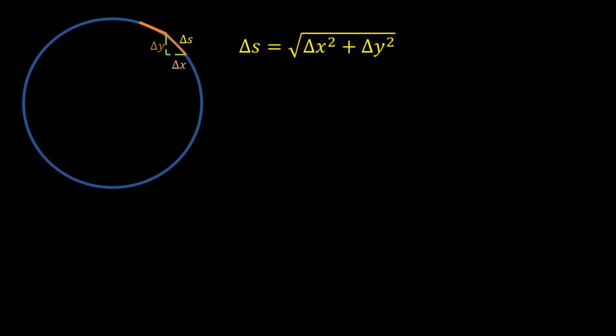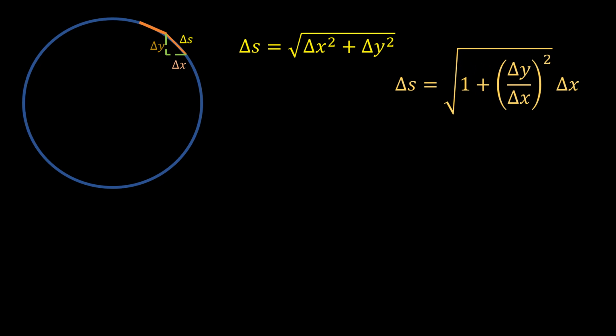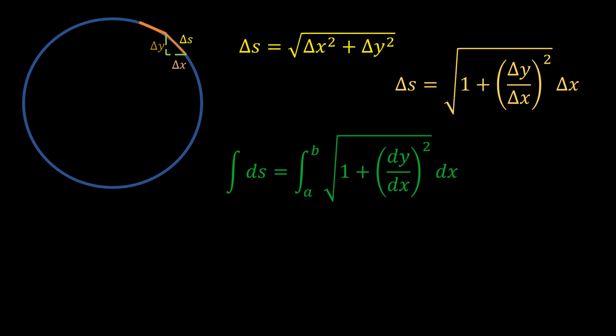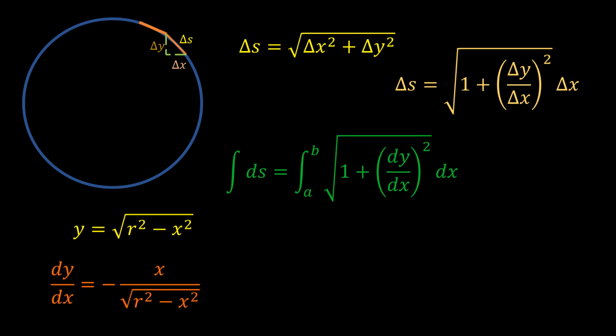Factorizing out delta x squared, we have the following. To get the total length, we sum over the 2 points as follows. From the equation of a circle centered at the origin, y is equal to the square root of r squared minus x squared. So, dy/dx is equal to minus x over the square root of r squared minus x squared.